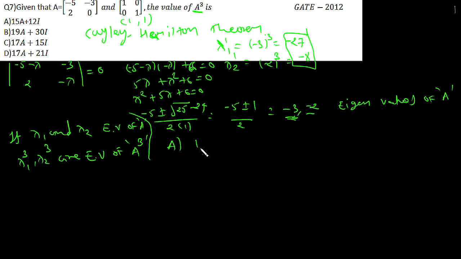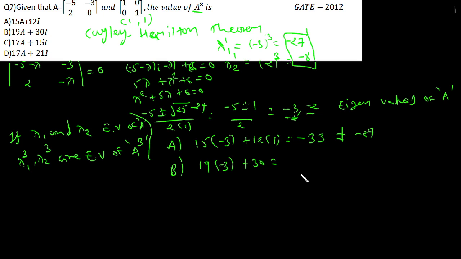Putting it in, we get minus 33, so it's not minus 27. So option A is not the correct one. Let's check option B: 90 times minus 3 plus 30. Yes, you can get minus 27.